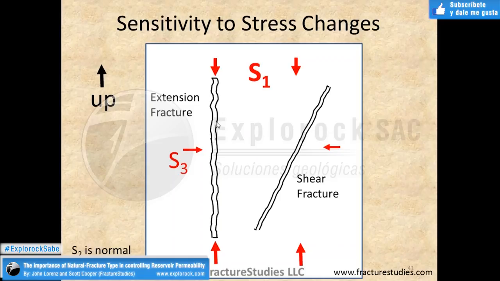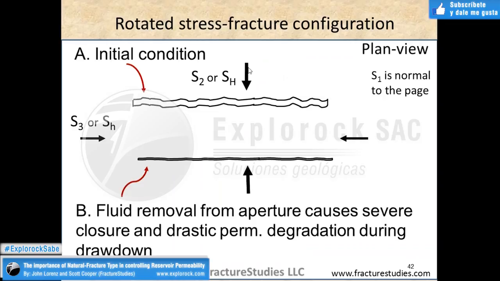And the confining stress, which is the horizontal axis of the graph, has been increased from 1,000 to 8,000 psi, or about, I guess, close to 55 MPa. So what happens as you increase the confining stress is the permeability decreases in each one of these fractures, and that's because the aperture of the fracture closes.